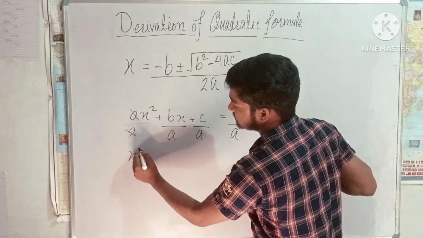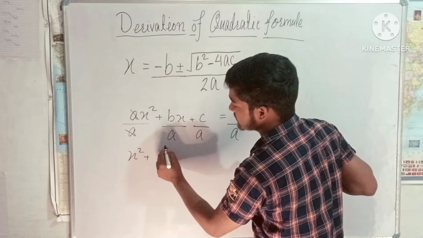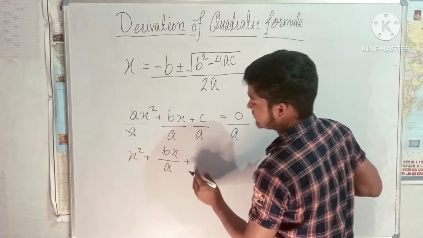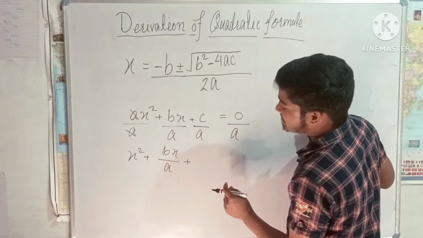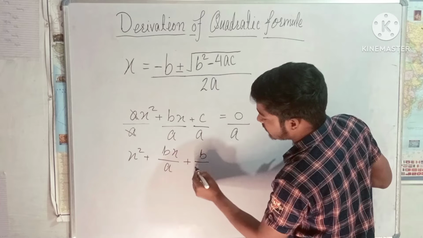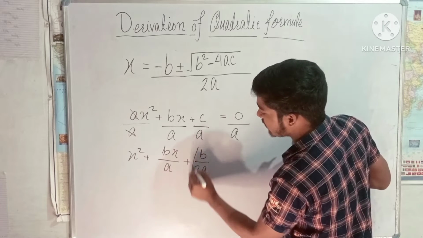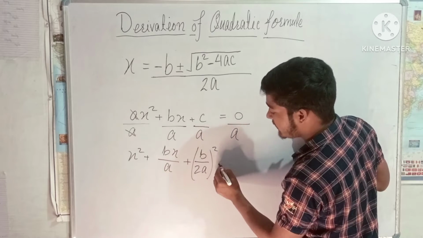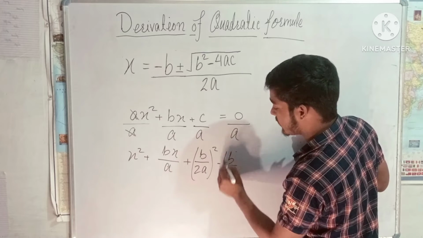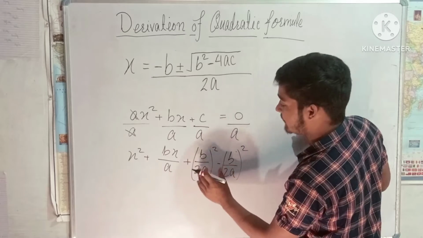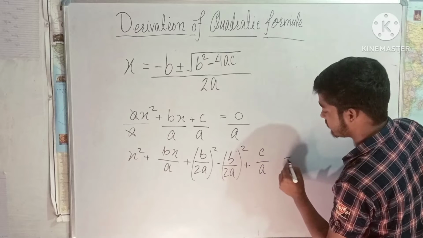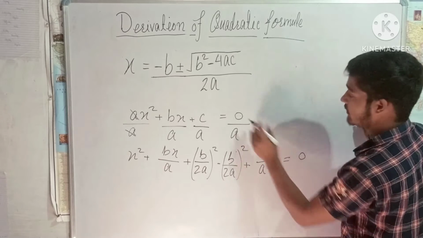Then x square plus bx upon a plus, if we add b upon 2a square, then minus b upon 2a square, obviously plus c upon a is equal to 0.